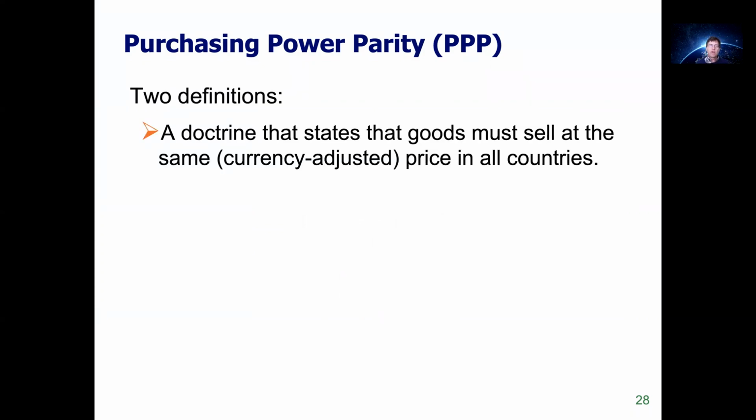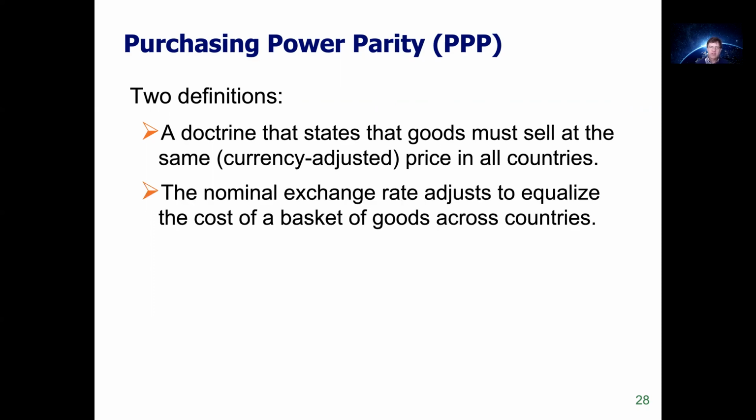Okay, purchasing power parity is a concept that's important in judging the real exchange rate. One definition of purchasing power parity is way too strong. That's like saying the real exchange rate should always be one. This notion says that goods must sell at the same currency-adjusted price in all countries, and that the nominal exchange rate adjusts to equalize the cost of a basket of goods across countries.